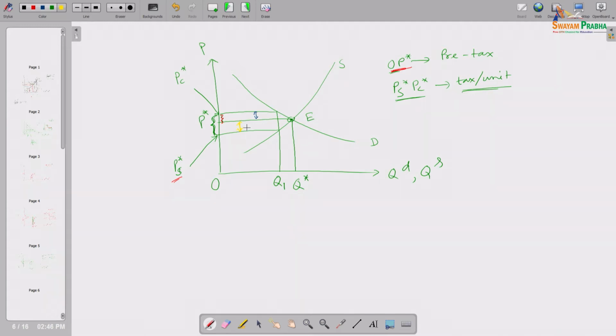So, actually per unit, what is the tax? That is the tax amount, this distance, which is called the wedge of the tax per unit. Now, the question is, government is imposing some 3 rupee or 4 rupee amount of tax per unit.